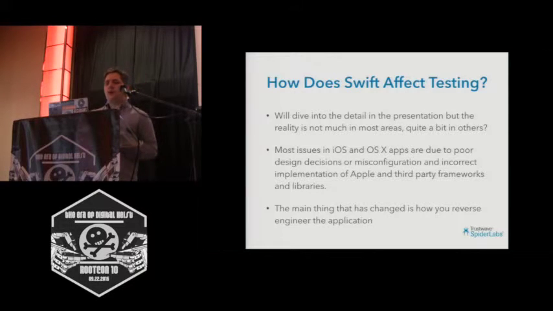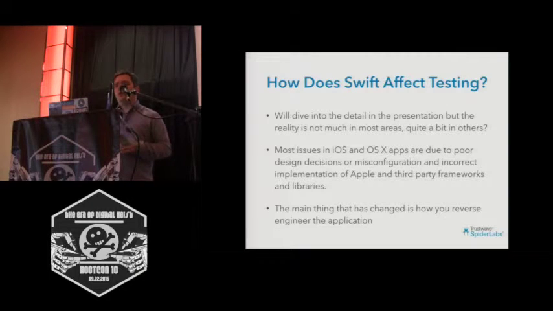Cool. So how does Swift affect testing mobile apps? I'll dive into detail in the presentation, obviously, but the reality is that in most areas it doesn't really affect it all that much. Most issues that you would come across on an iOS or an OS 10 pen test are really due to poor design decisions and misconfiguration of the various frameworks, both made by Apple and third parties.